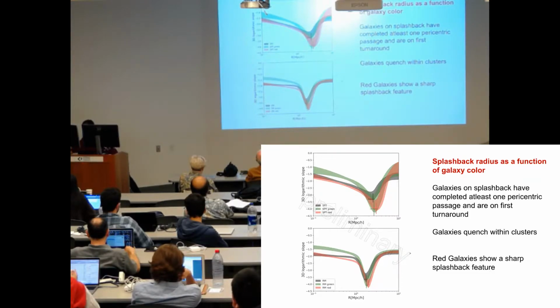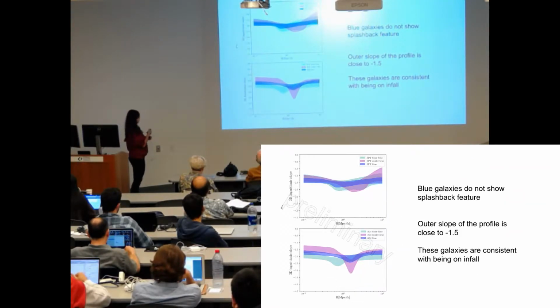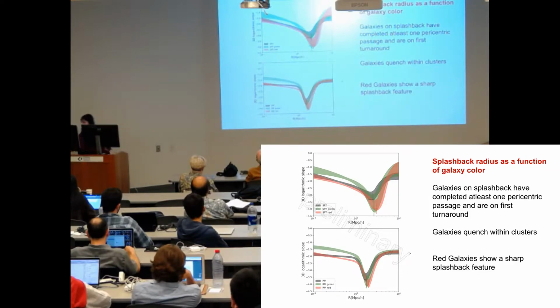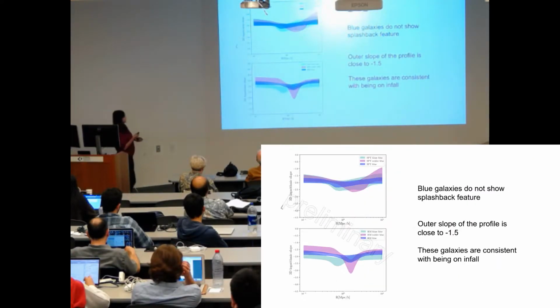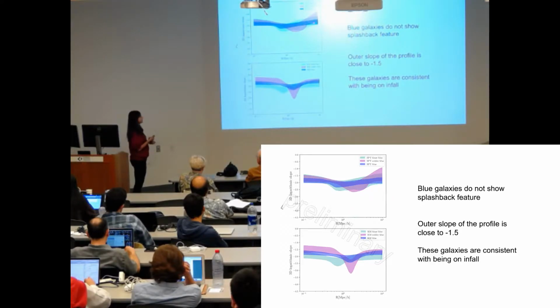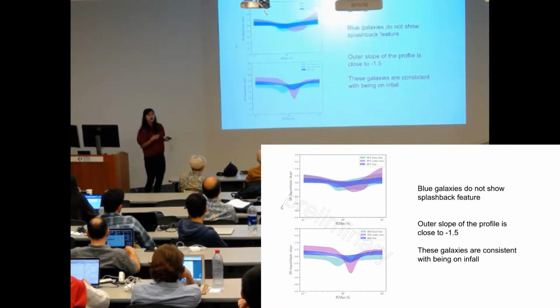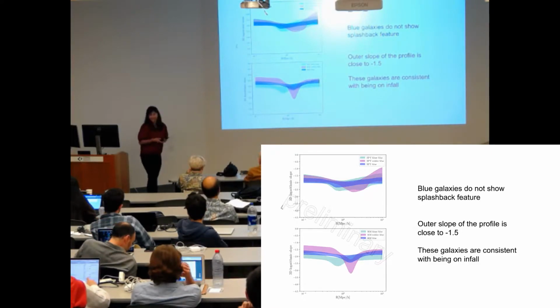However, when we take blue galaxies, this feature tends to go away, and we don't see any significant dip in the density profile of these galaxies. So depending on at what color you start to lose this signal, you can say how much quenching has taken place in, say, an orbital time scale.